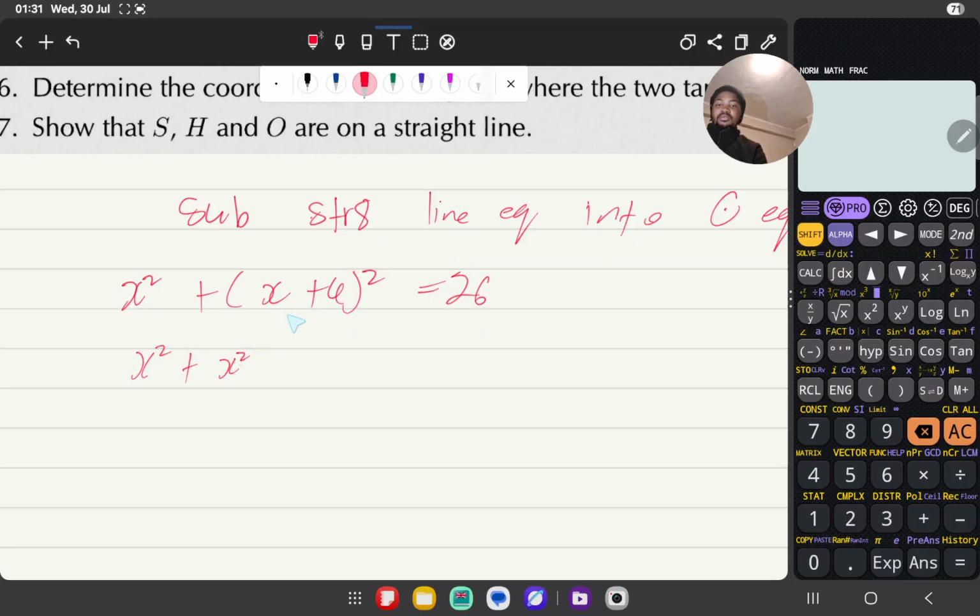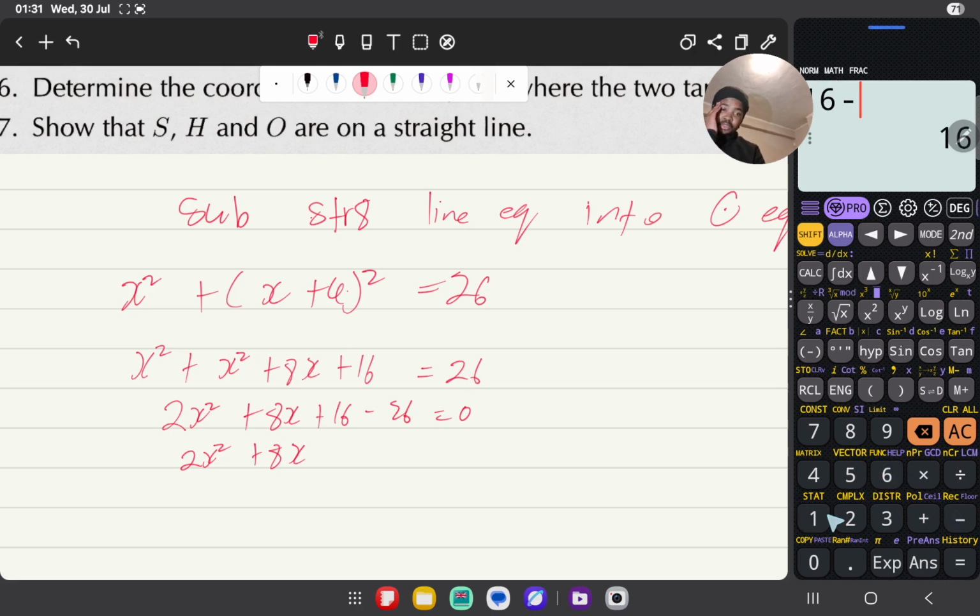We expand this. That is x squared, that is a 4, that is 8x plus 16 equals 26, and therefore you have 2x squared plus 8x plus 16 minus 26 equals 0. 2x squared, 8x, and 16 minus 26 will be minus 10, equals 0.